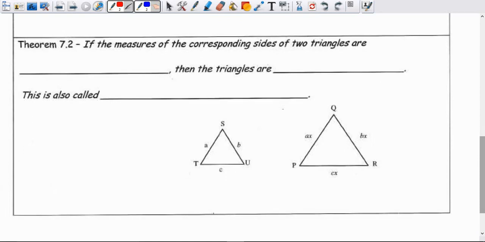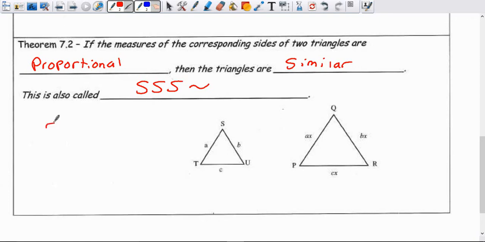7-2. If the measures of the corresponding sides of two triangles are proportional, then the triangles are similar. All right? This is what we would call side-side-side similarity. So this one, instead of having an angle involved, we're just going to do all three sides together.